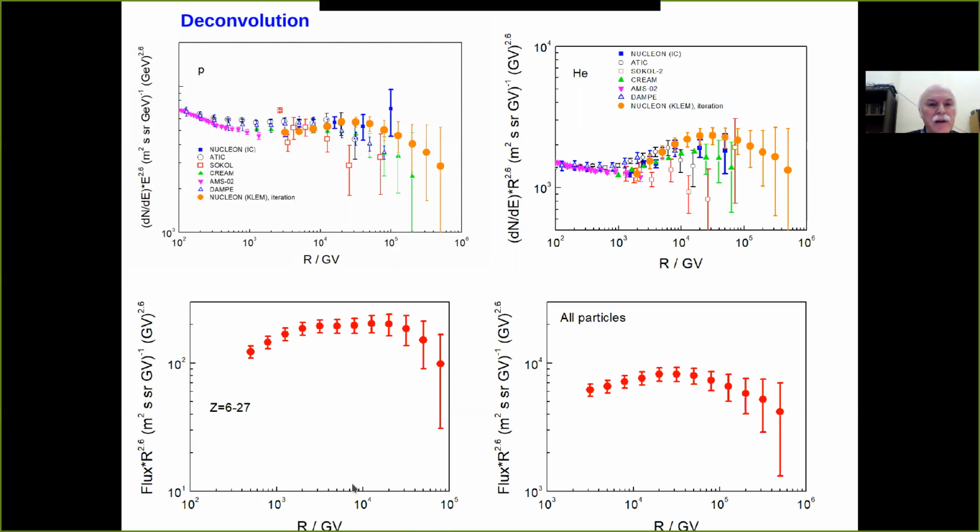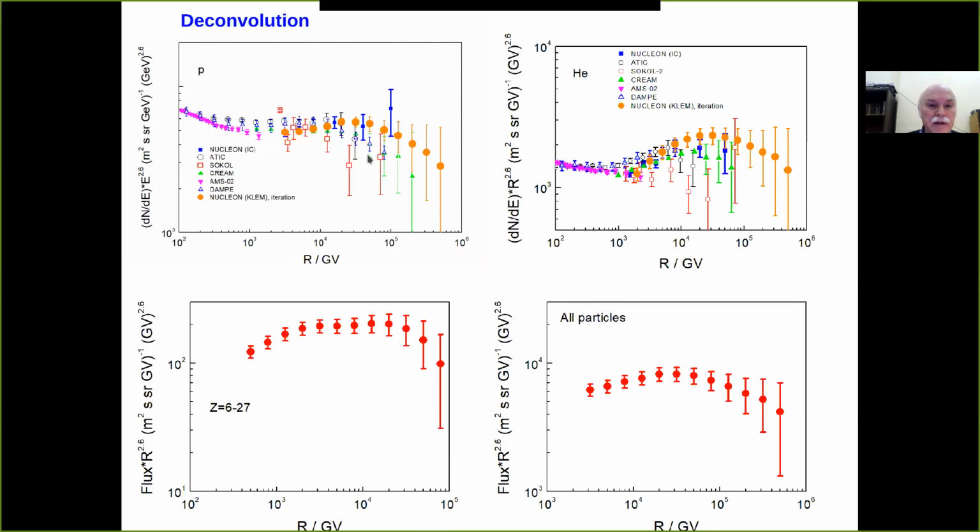You can see the spectra in terms of magnetic rigidities for different nuclear groups and for all particles, and you can see that in the spectra with deconvolution, the same feature like a knee appears near magnetic rigidity of 10 TeV.